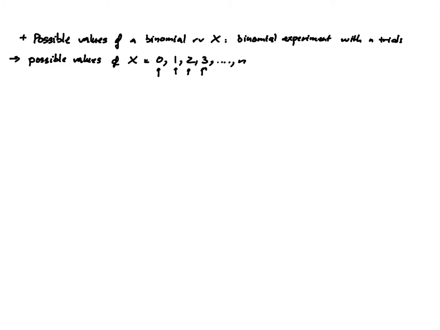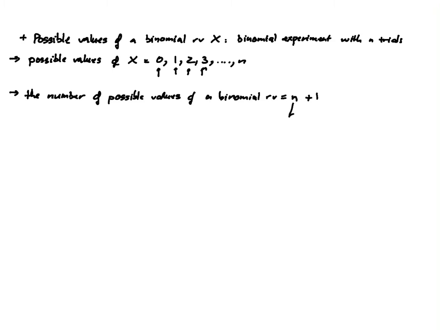So in other words, the number of possible values of a binomial random variable is equal to n plus 1, right?